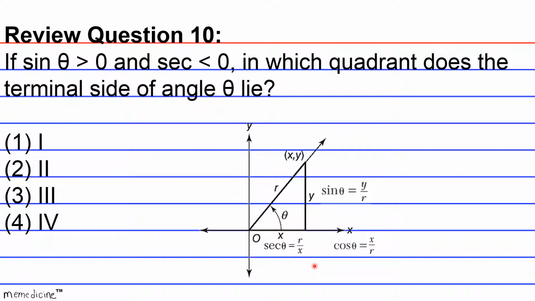So based on what I just told you, you can understand that the sine, because it's a composite of y over r, can be positive or greater than 0 in quadrants 1 or 2, because they're both bounded by the positive y-axis.